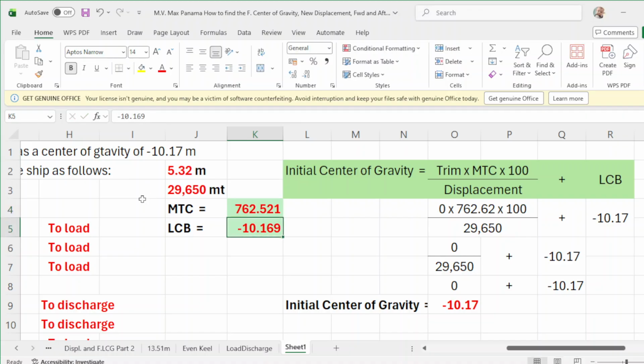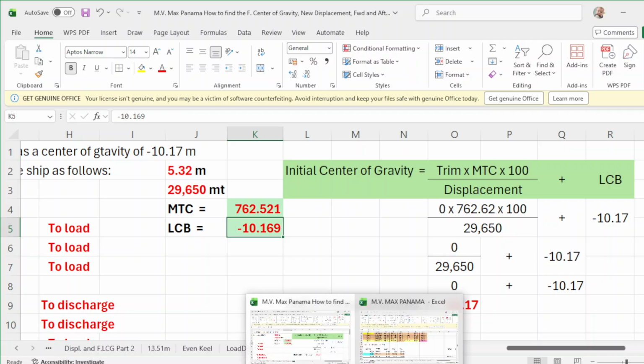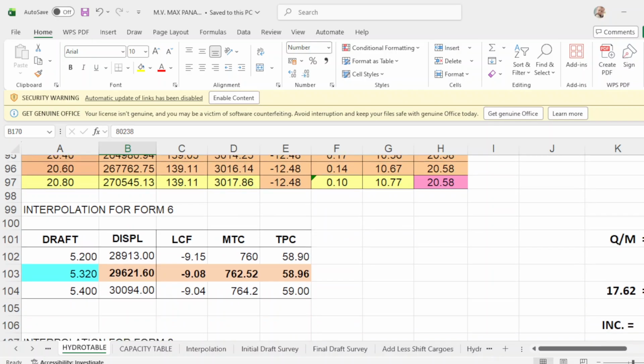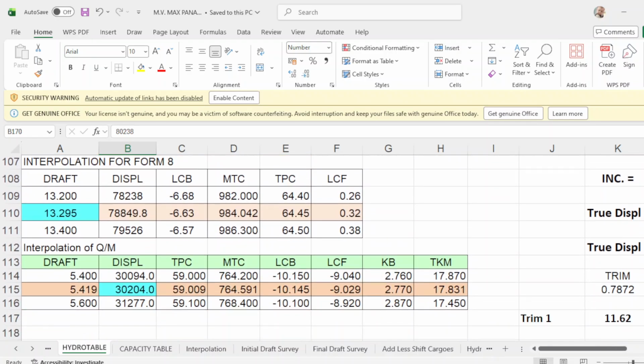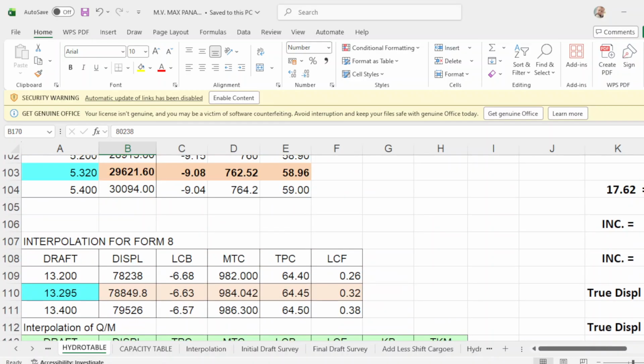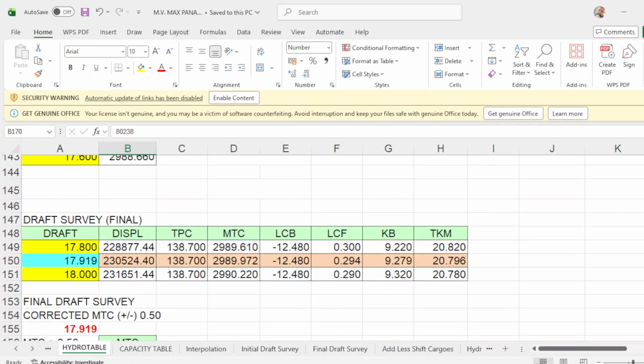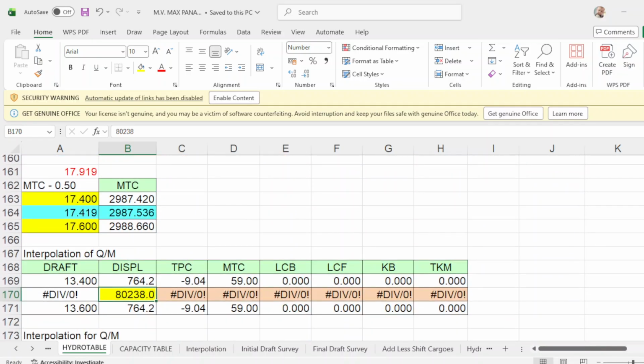Okay. And LCB is negative 10.169. Negative 10 LCB. Okay, LCB 532. Okay, this 532.